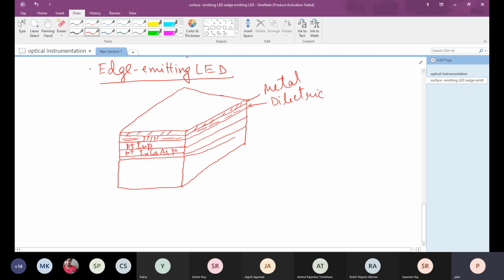So this is indium gallium phosphide. The stoichiometric ratio can be varied by varying x, and thus the wavelength of the emission can be tuned a little bit.